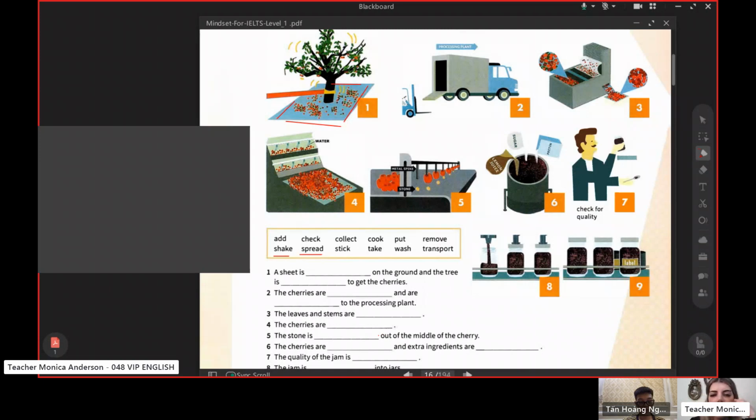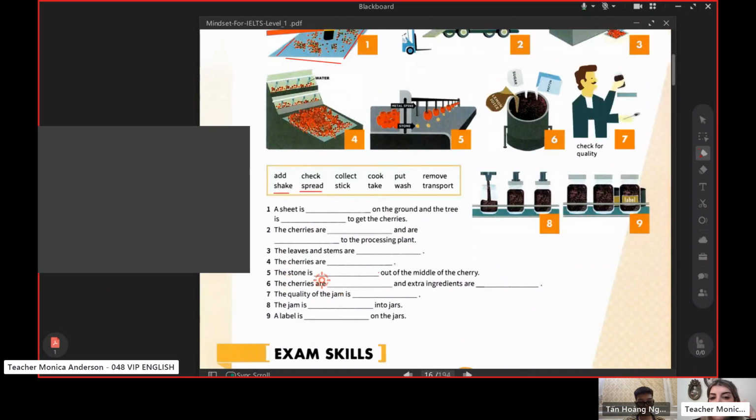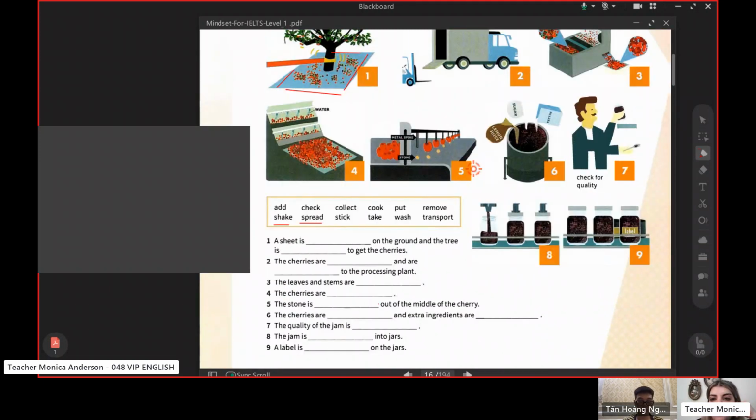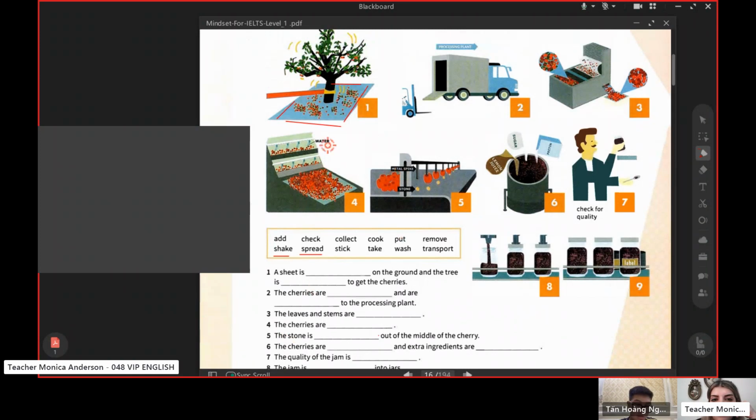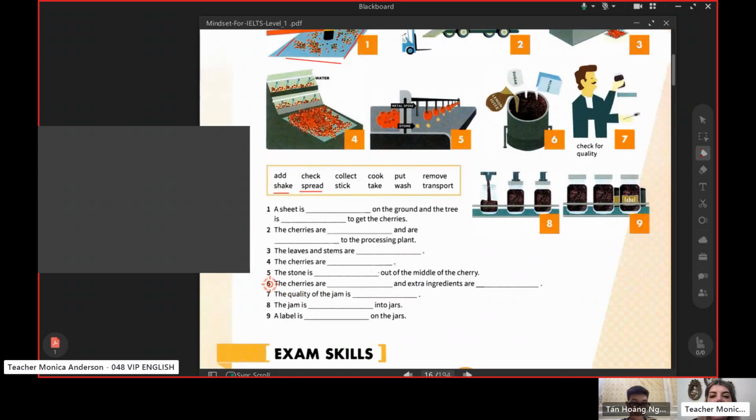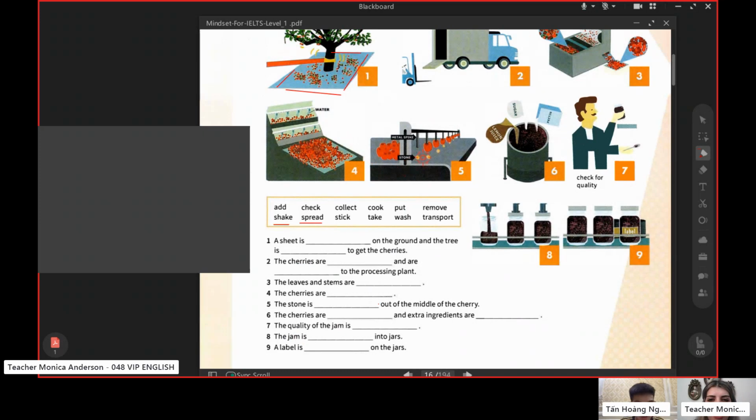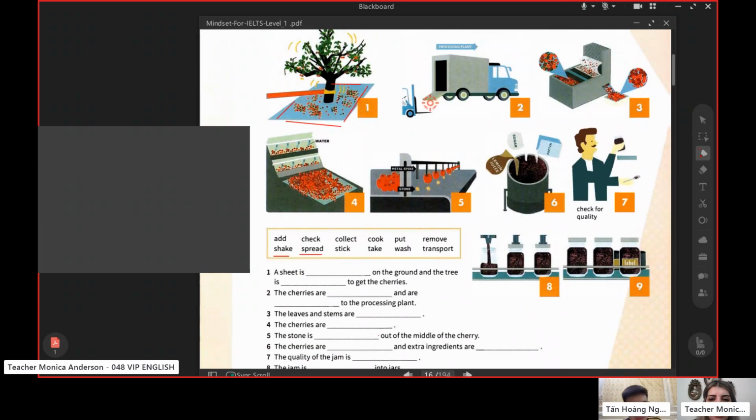Yes, stems are removed and the cherries are washed. Very good. The stone is... the stone, what?